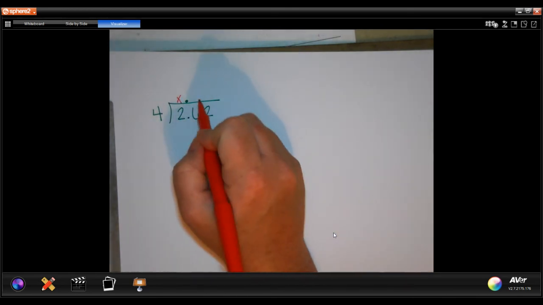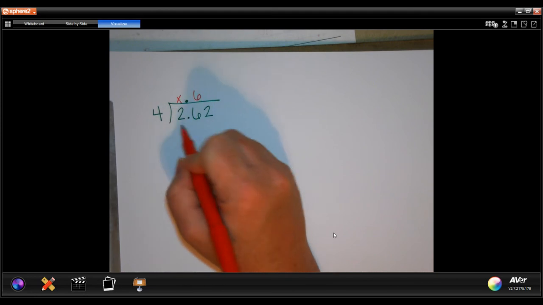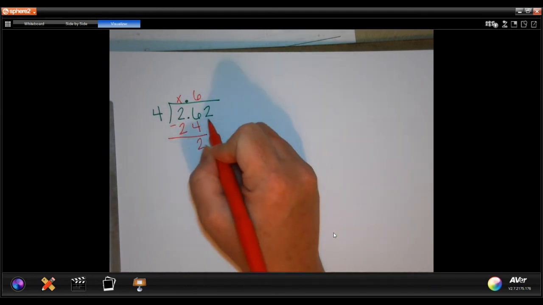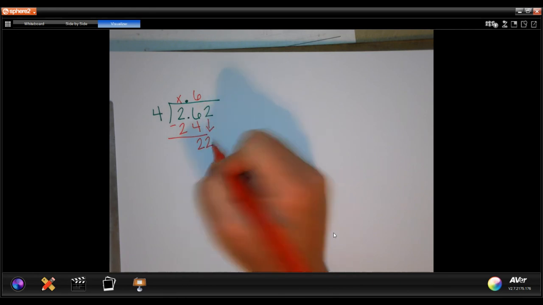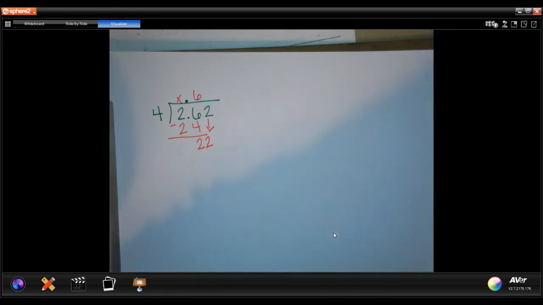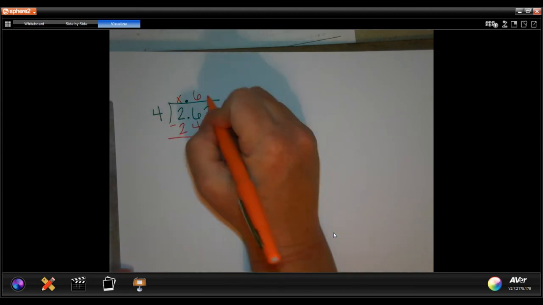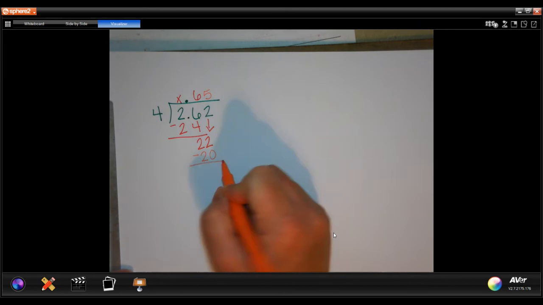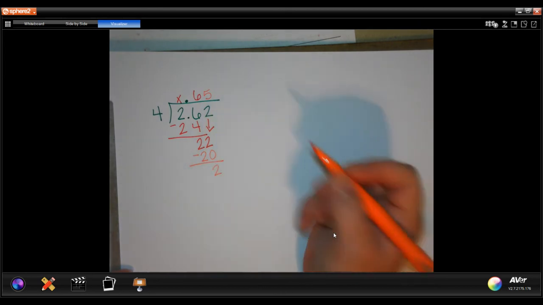4 will go into 26. 6 times 4 is 24. Subtract, and get 2. Bring down my other 2 because 2 is definitely smaller than 4. And let's keep going. 4 is going to go into 22. 5 times 4 is 20. Subtract, I get 2.